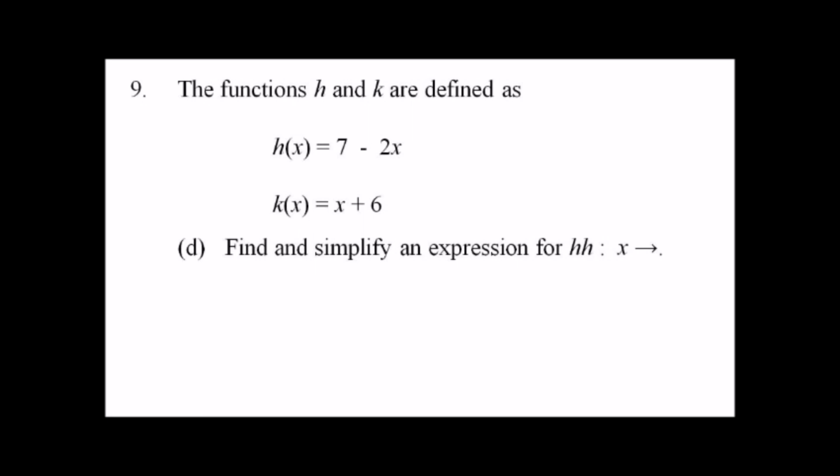And we move on to 9d, dealing with the same functions h and k. Find and simplify an expression for h of h of x. Composite function again, so find h, and h of x is 7 minus 2x, so where you see x in h of x again, you substitute 7 minus 2x for x, and then work it, and then simplify that expression.